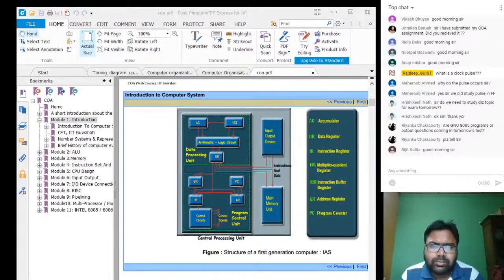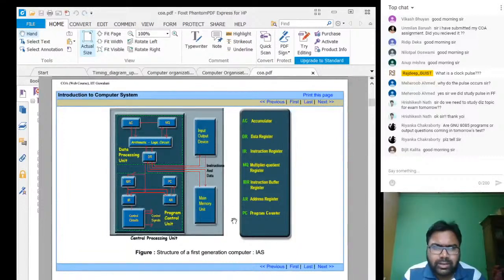If you pay attention here, this is the basic structure of a computer, right? We are trying to fetch contents from memory or IO devices, and accordingly instructions get executed in my CPU. First, we have this instruction register.